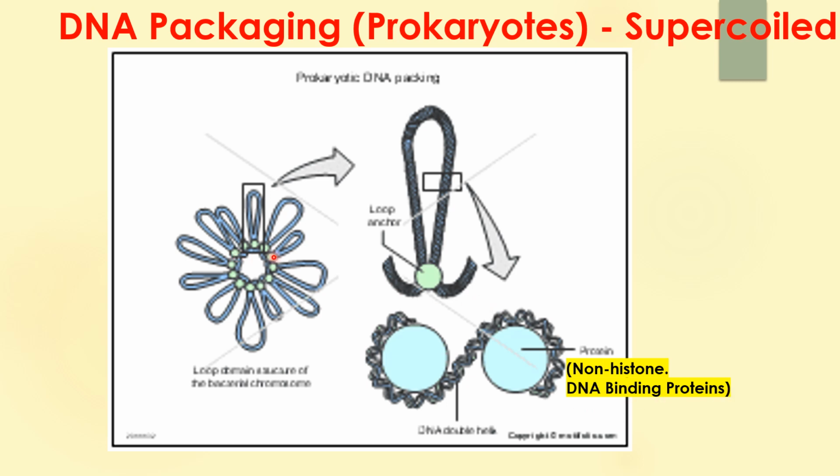And each supercoiled structure is anchored by some anchoring protein, as you can see here. And the whole of this is dispersed in the cytoplasm as a supercoiled structure within the bacterial cell. So this is about DNA packaging in prokaryotes.